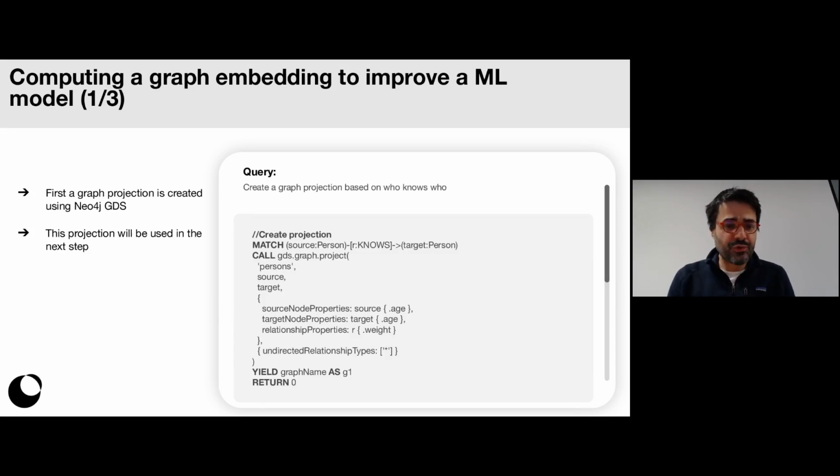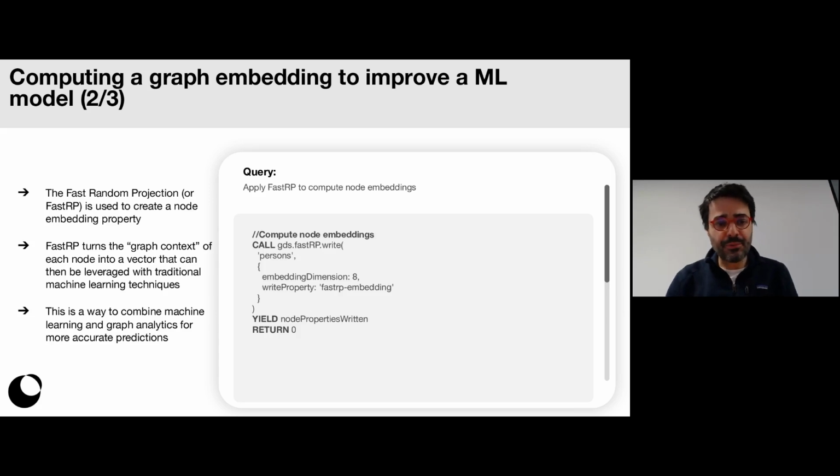So the first step of doing that is to create a graph projection using the Neo4j GDS library. So we can see what it looks like. We have a query on the right where we use that pattern of persons that know other persons, and we use it to create a projection. That graph projection will be used in the next step.